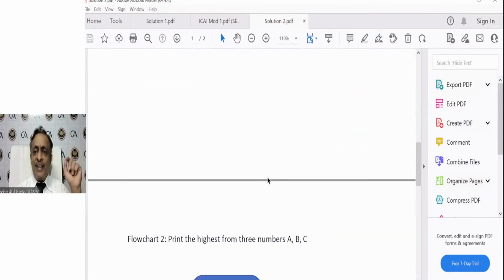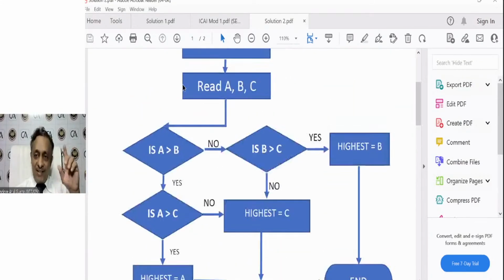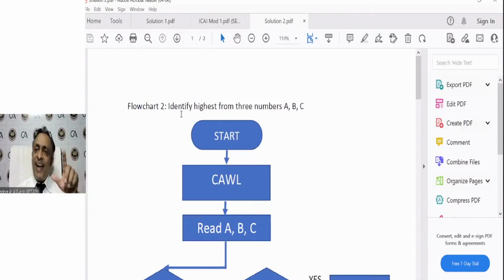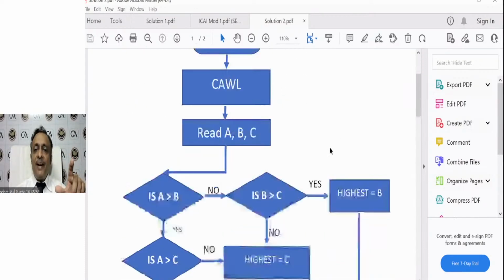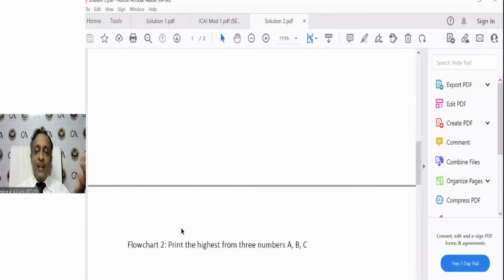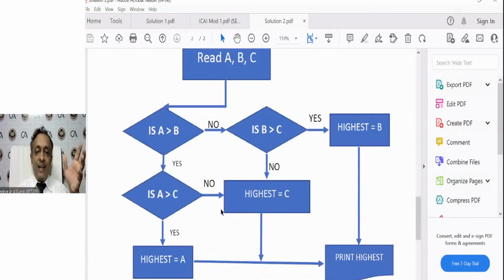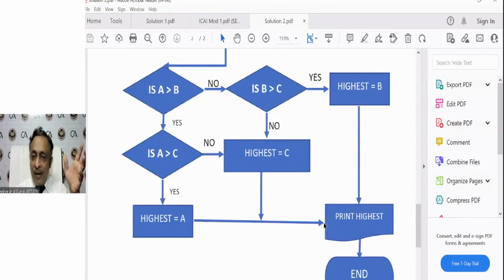Then I have created another one. So we wanted to print. In the first flowchart, this is important, the task was to identify the highest, if you read the question. So we have identified the highest: the highest is B, C or A, as the case may be. Here our question is to print the highest. So see what difference it makes. It calculates and then prints. The print symbol is a different symbol.